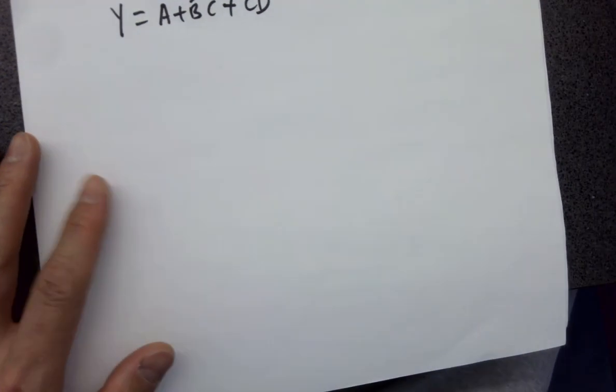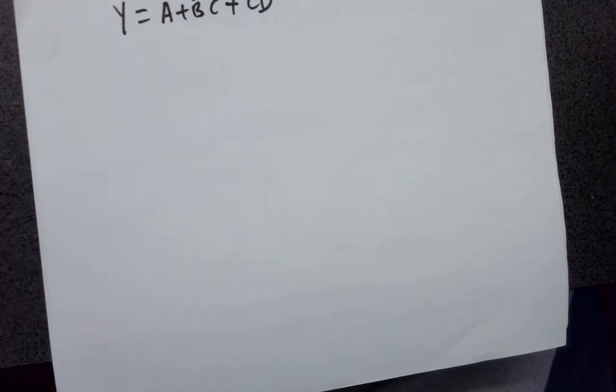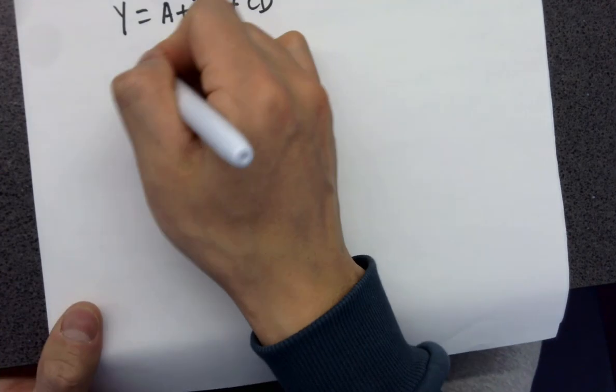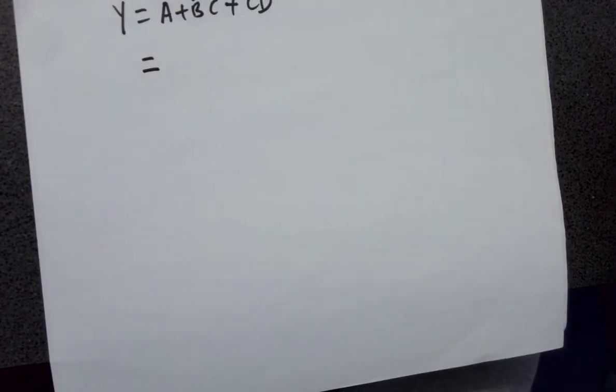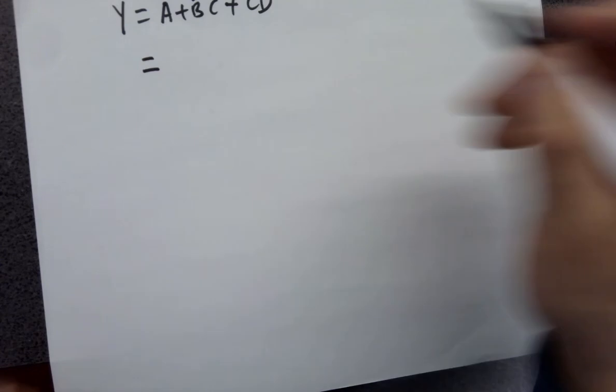Okay, can we start the next example here? What's the first step? Two bars.